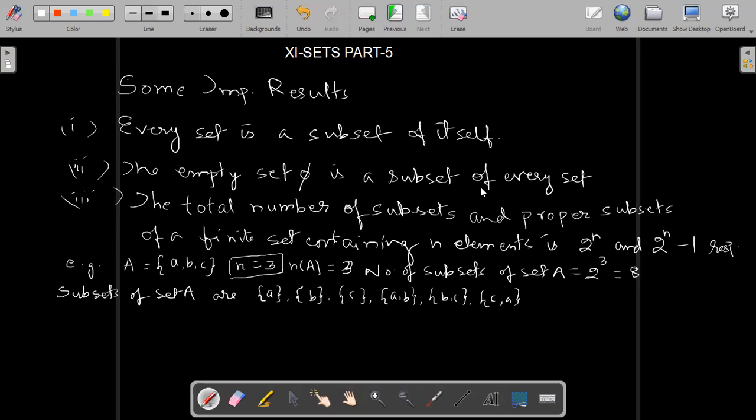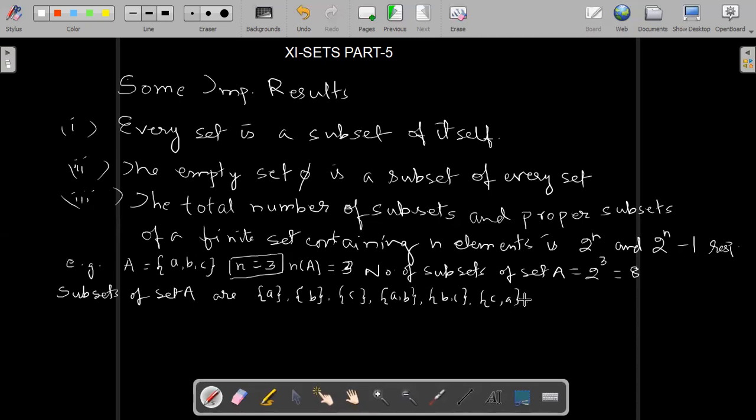Yes, phi and {a, b, c}. Correct. {a, b, c} is itself a subset. So two subsets are always there: one will be phi, that is the null set, and one will be the set itself. So this set is included when we are writing the subsets.